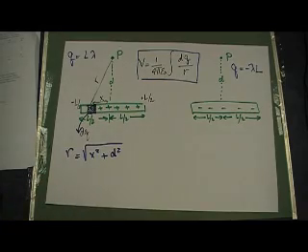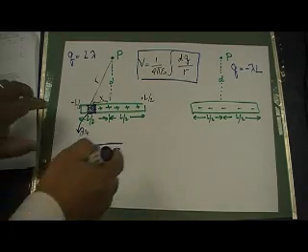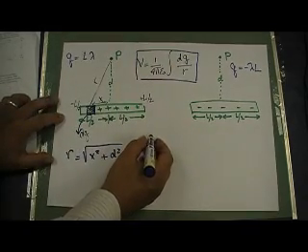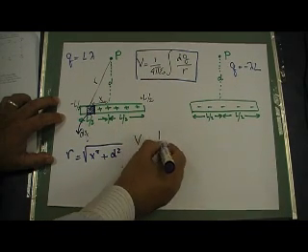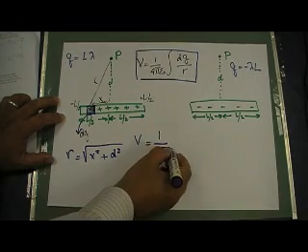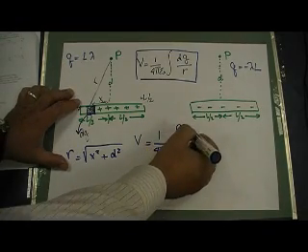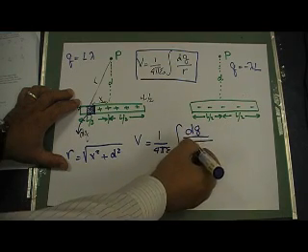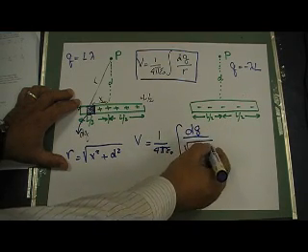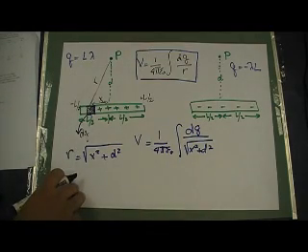That's what the r is equal to. So when I substitute it here, V will be equal to 1 over 4 pi epsilon naught, and then dq over this distance here, x squared plus d squared. The only thing that I need to know is dq.